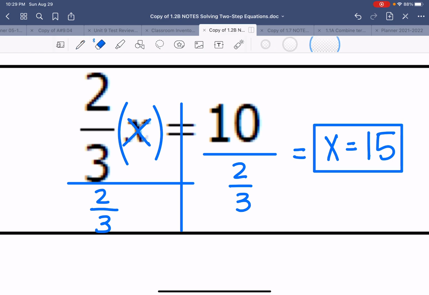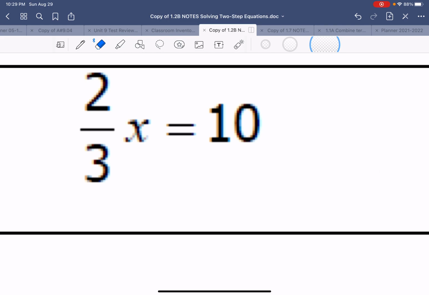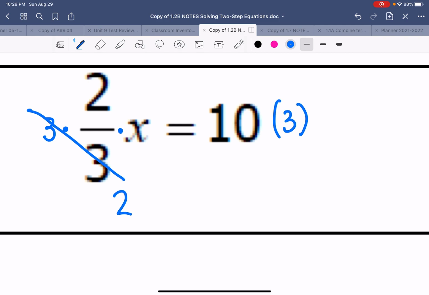Another way you can do this, and I'm going to erase this. If there's multiplication going on here, you can still get rid of the bottom number by multiplying by 3. Then I'm left with 2x equals 30.